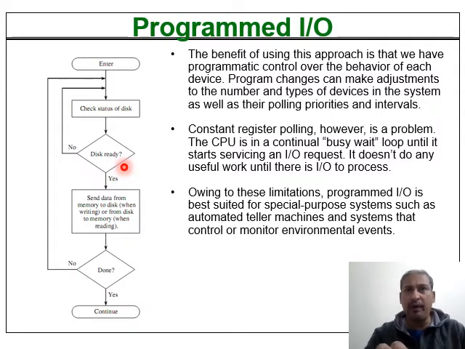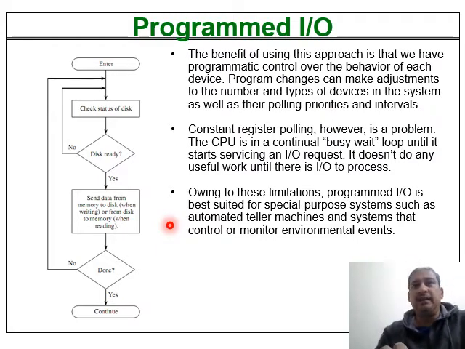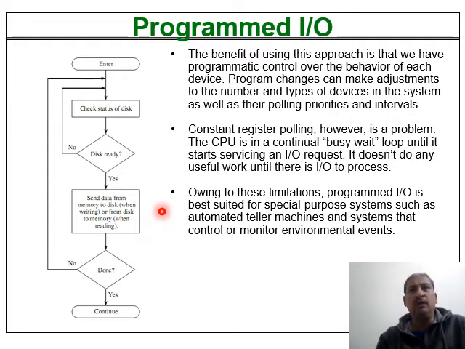Now one piece of data, it can be a byte, a word, a record, or a sector of data, is transferred from the input device to the memory, or from the memory to the output device. Just one piece of data.